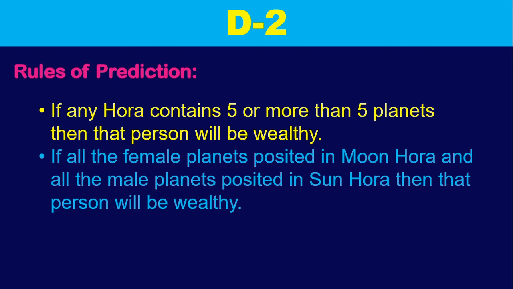So all male planets in male Hora and all female planets in female Hora. One thing I want to mention here is that there are some planets like Saturn and Mercury, which we consider eunuchs or bilingual planets. In this case, we also consider eunuch or bilingual planets as female planets.